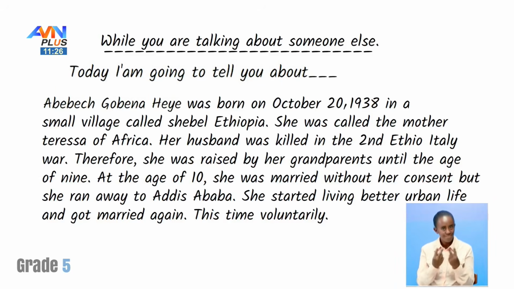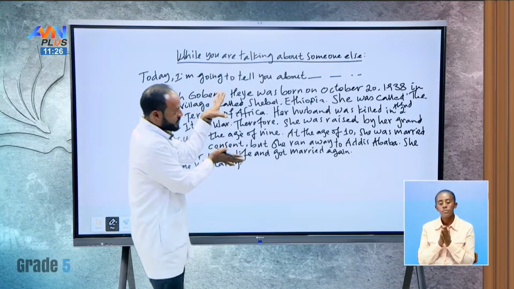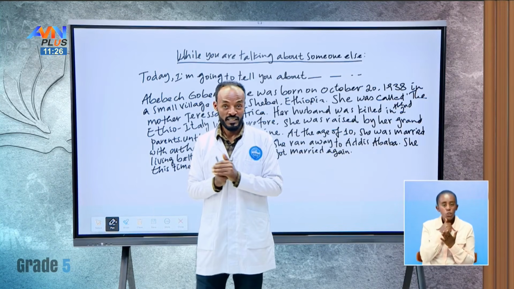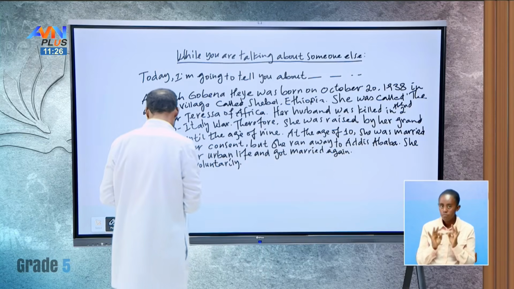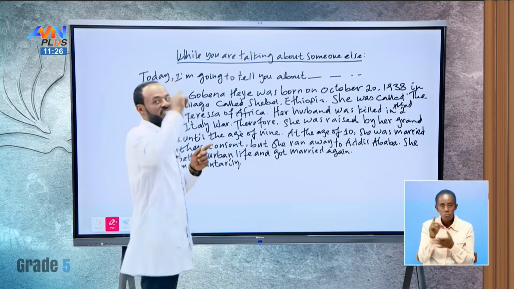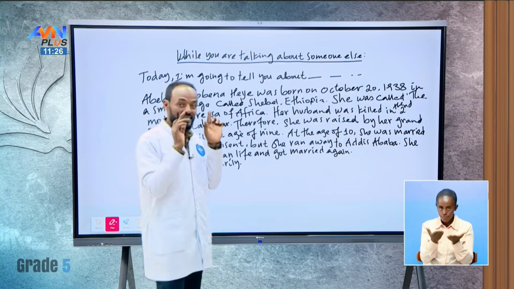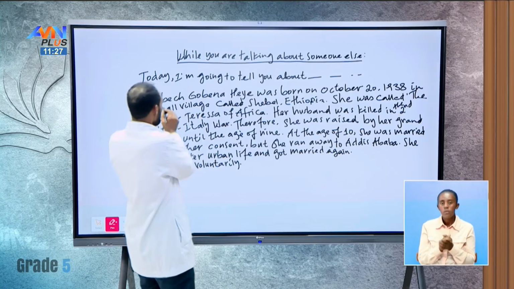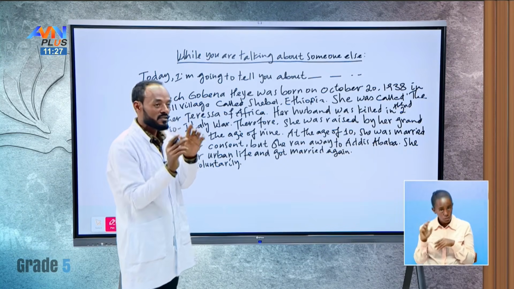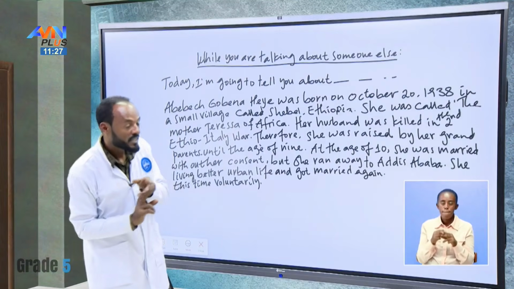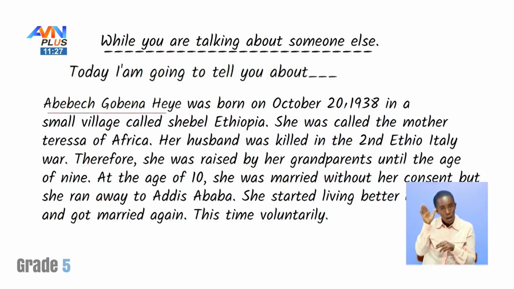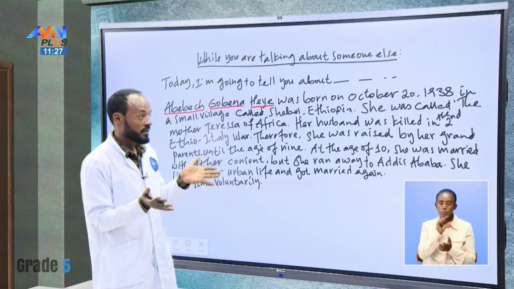Okay, look. This is the first part about Abebech Gobena's life history. Okay? So, in this concept, we can simply understand the concept that we raised in the structure. As we've said so far, we have to start from what? Introduction part. Introduction part should contain full name. Am I right? So here, full name, Abebech Gobena Hey. This is full name, okay?